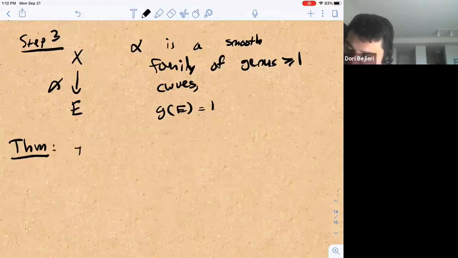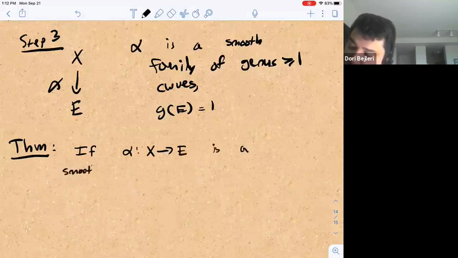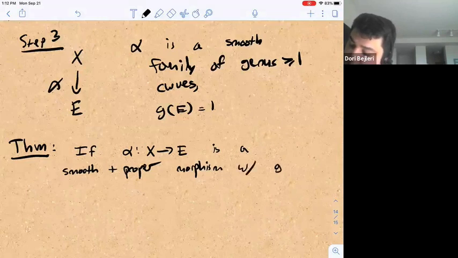So suppose that alpha from X to E is a smooth and proper morphism, with, well, I'll do the 2 cases in a second.